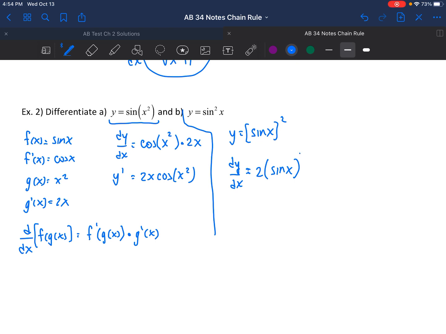I'm just going to write that as a placeholder 1, multiplied by the derivative of the inside function. So the derivative of sine of x is cosine of x. Neatening it up, I've got dy dx is 2 sine of x times cosine of x.